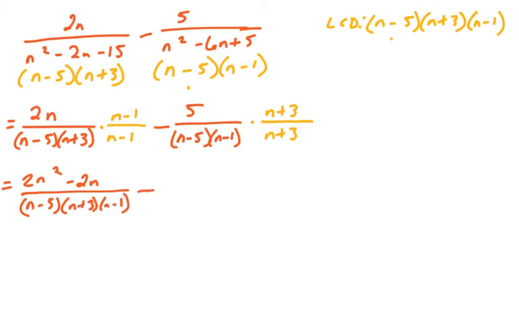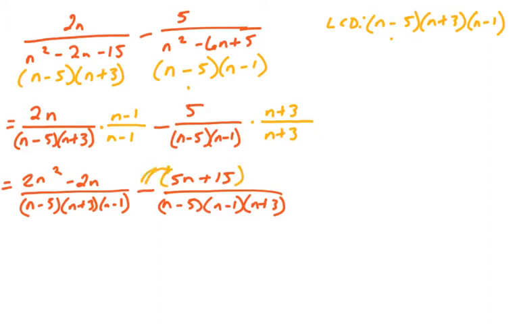Then we're going to be subtracting, and again, we have to distribute this 5n plus 15 over, and now we have all 3 factors here as well. Don't forget, now we have to distribute this negative to both of these terms here before we can start combining things.